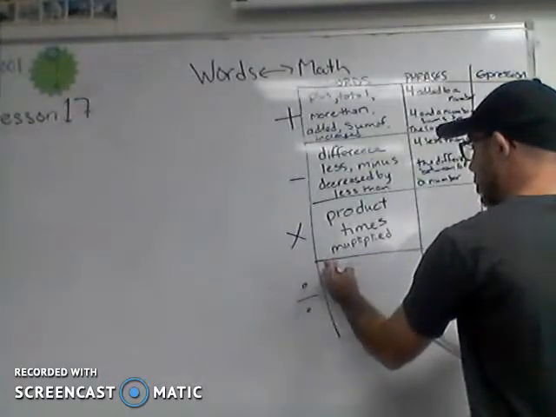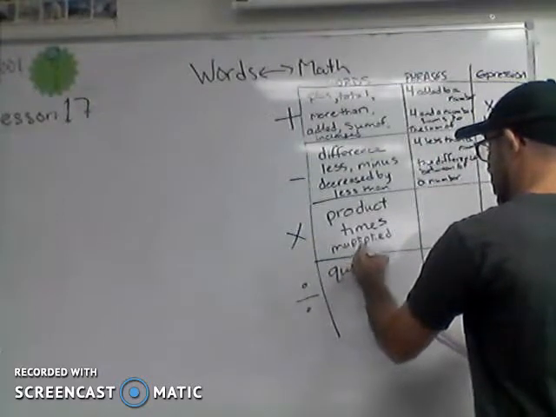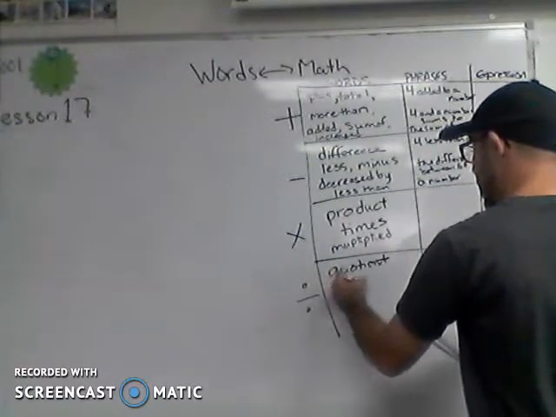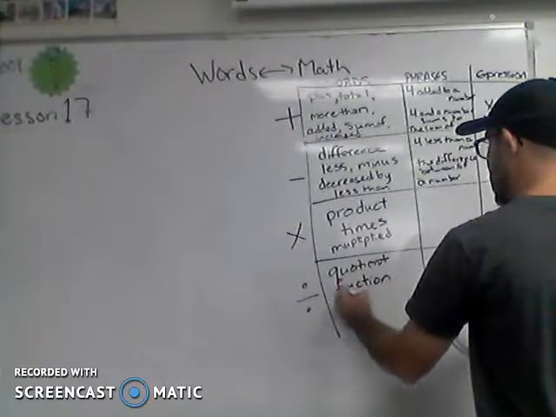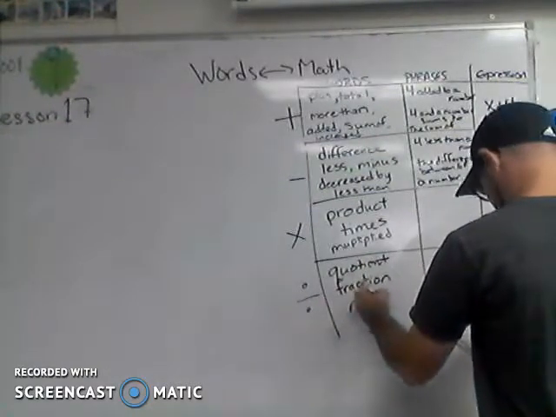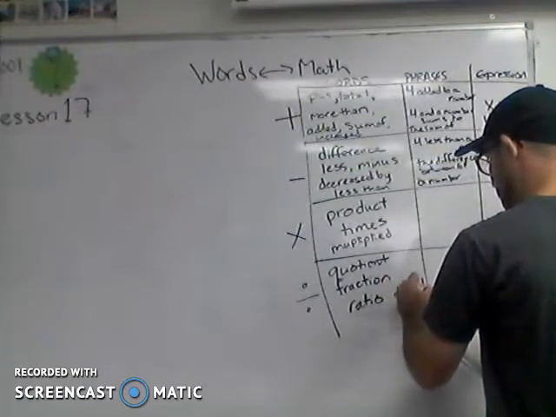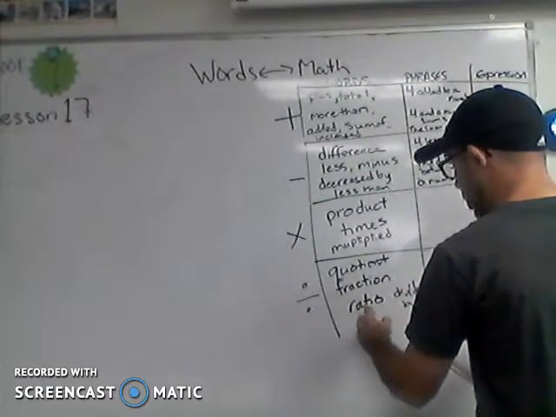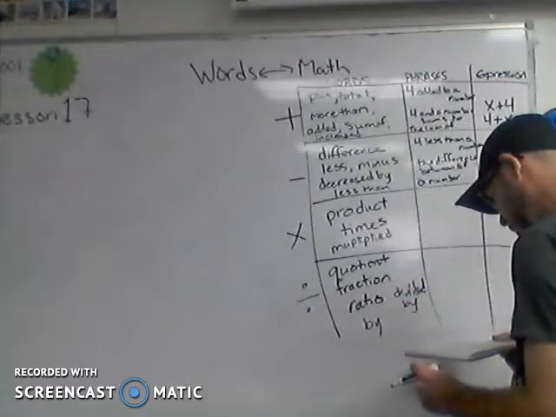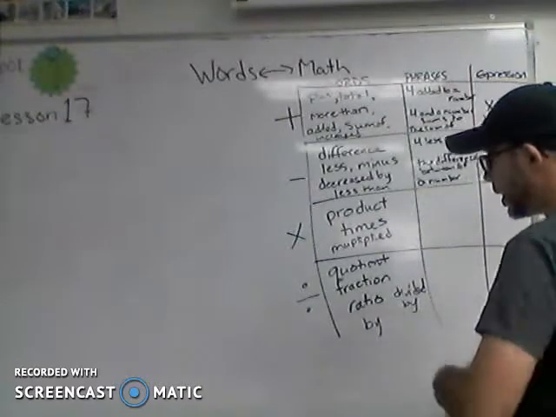Division, quotient, you can say fraction, you can say ratio, you can say divided by, you can just use the word by, and that means division. Divided into.